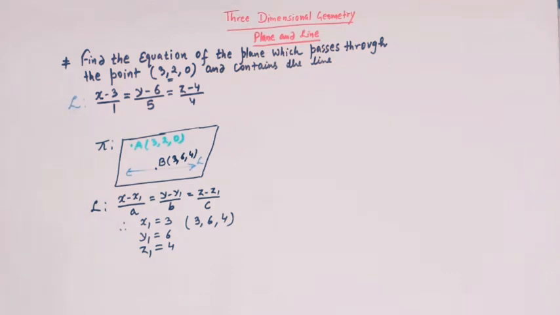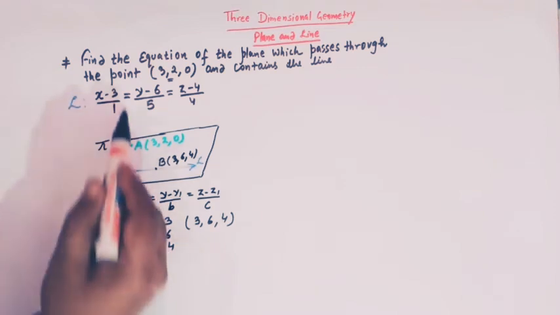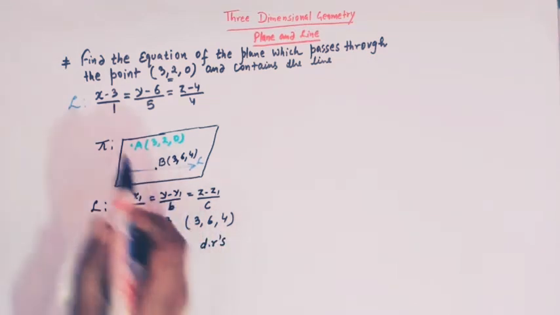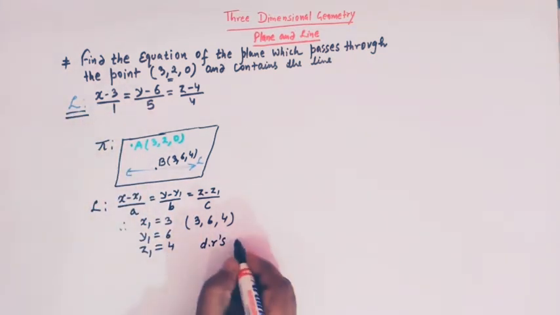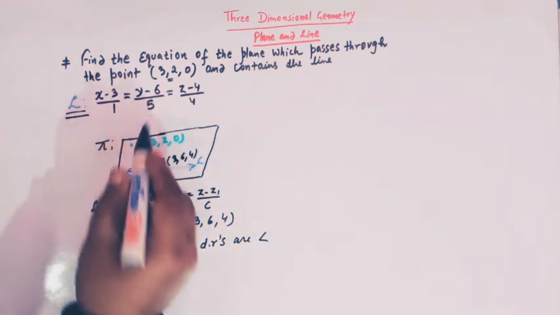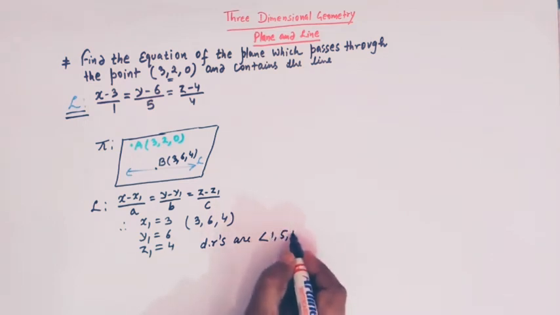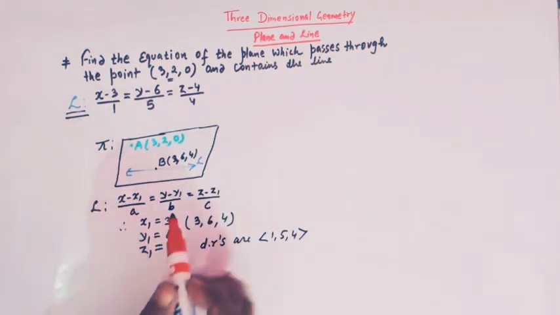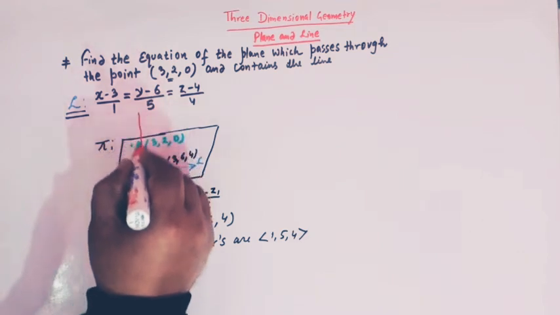The second thing is that, comparing both these equations, the direction ratios of this line L are a, b, c, which are 1, 5, and 4. Now the normal to this plane π may be drawn like this.